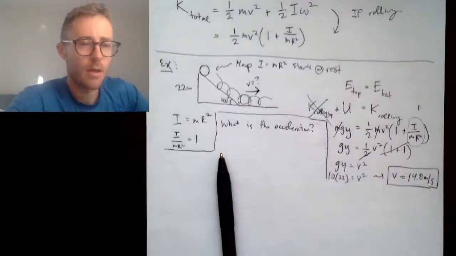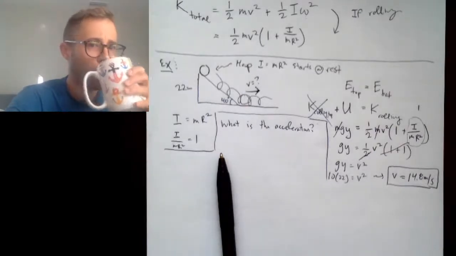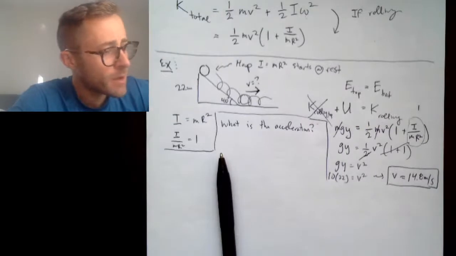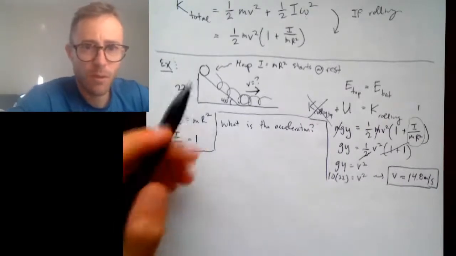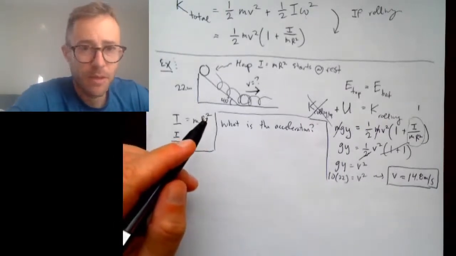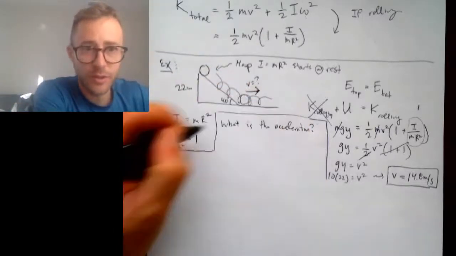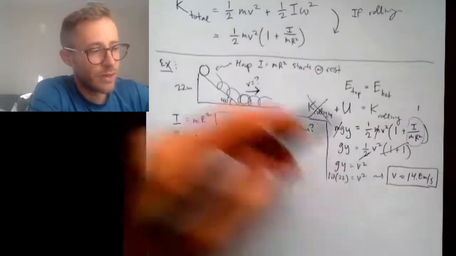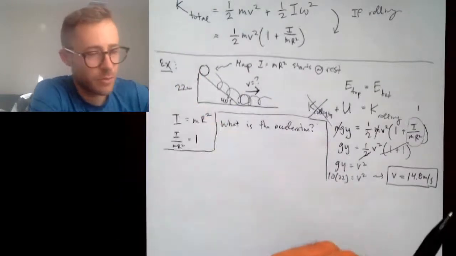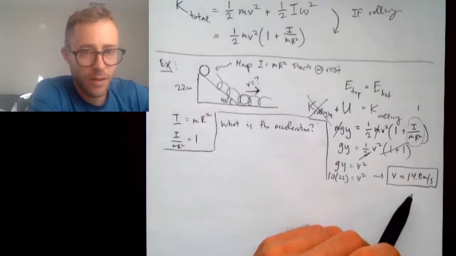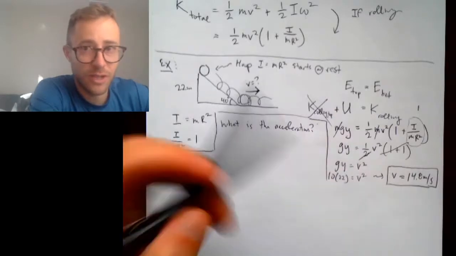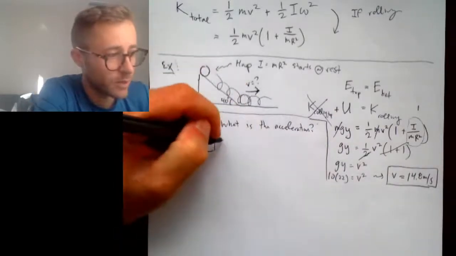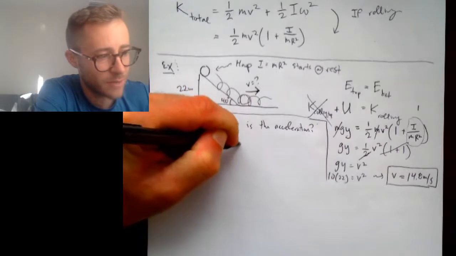Okay. And so what we're going to do is, if I ask you what is the acceleration of a rolling object, you're going to use energy to get the speed. And then once you have the speed, you're going to use kinematics. Okay, so we're going to go all the way back to kinematics.